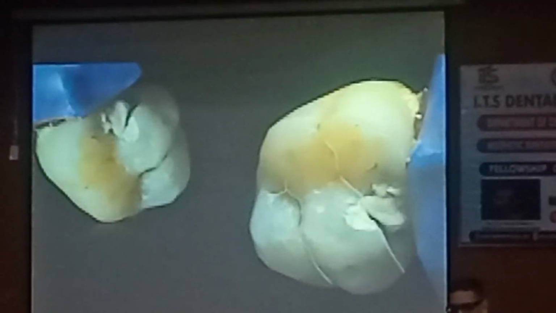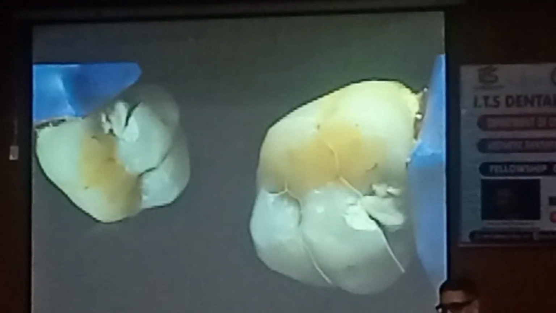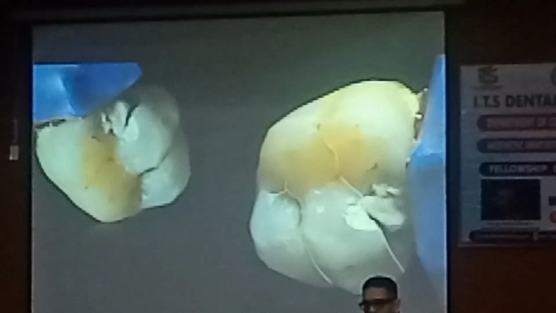Now, okay, what do you see? Single tooth, correct? There is a cavity.